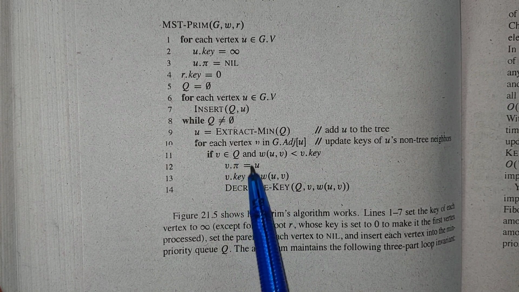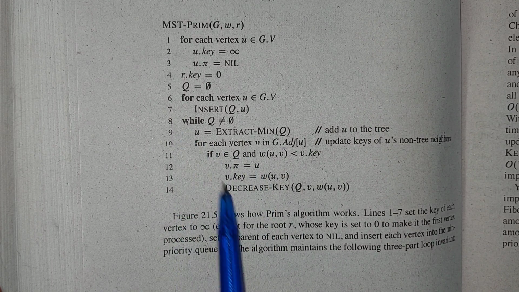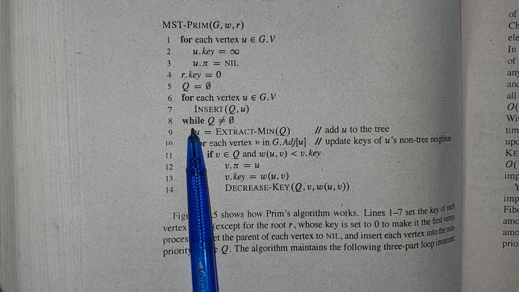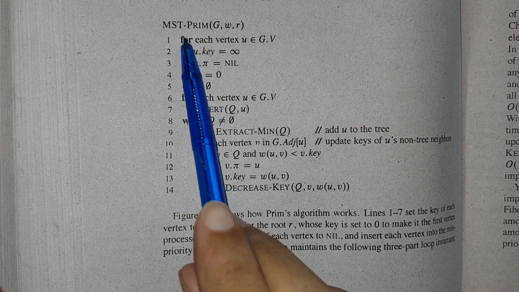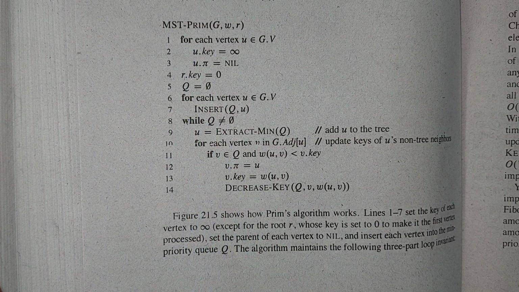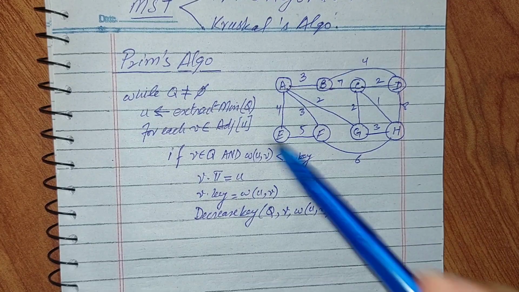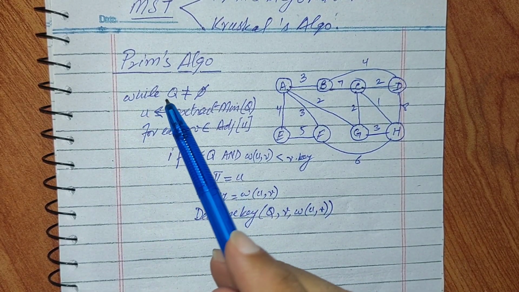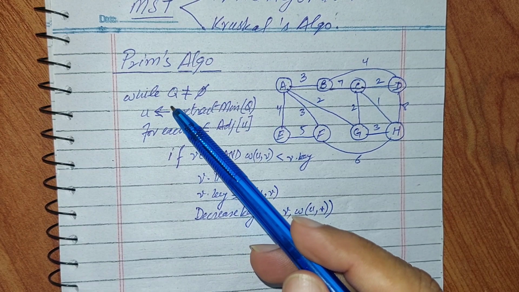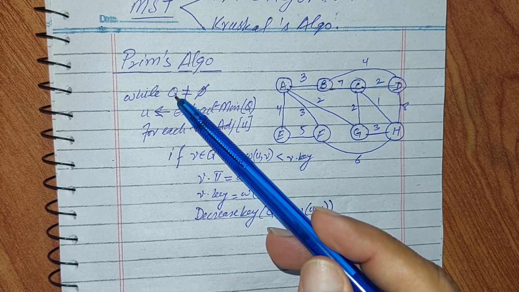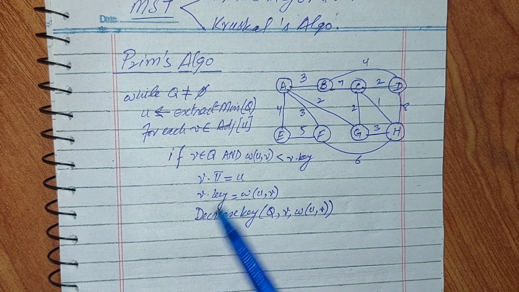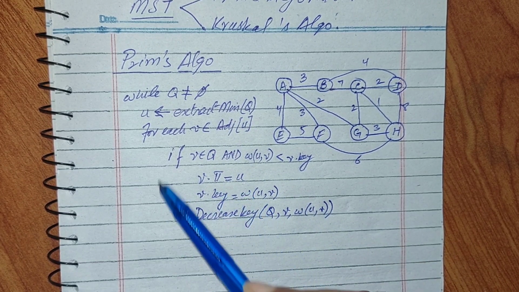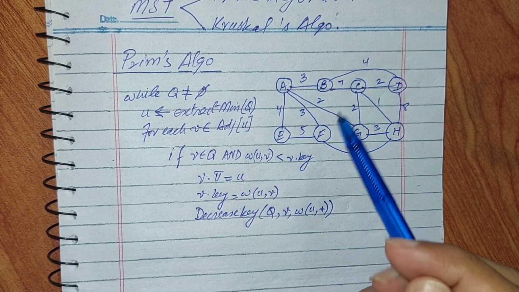In the dry run, I will be having only this part of the algorithm on my copy, so that we can run the loop. The initialization is already done there. I have noted down only line number 8 to line number 14 here, so that I can execute this part on this graph.